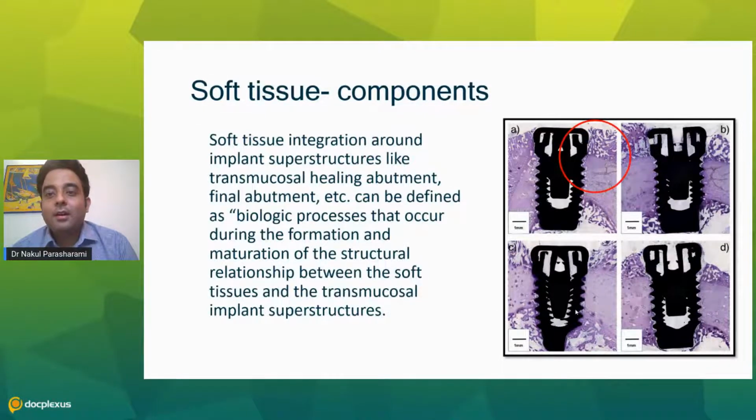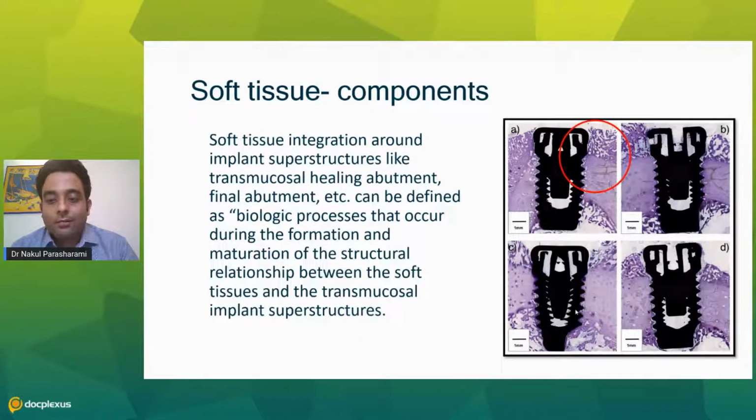Now this creates a kind of seal which is very important, and which doesn't allow any saliva or food particles to go towards the implant surface, which may lead to pathologic changes in the later stages.